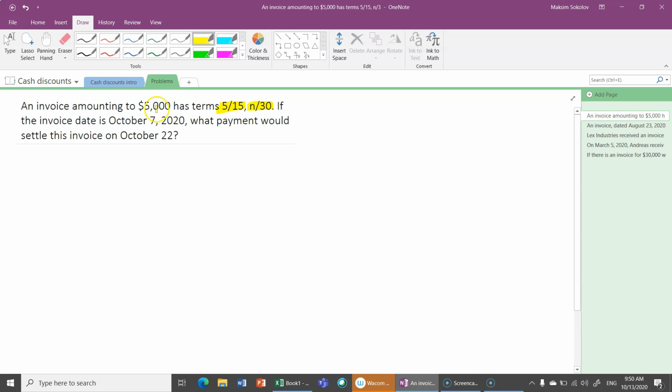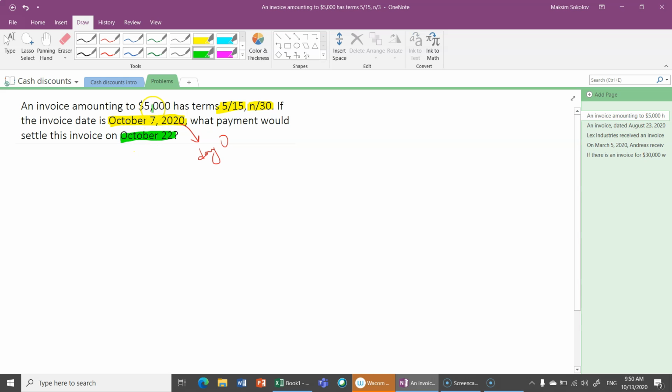In other words, it's full price that must be paid. In here, we have invoice date October 7, 2020, and October 7, 2020 is day 0. The payment is happening on October 22nd.